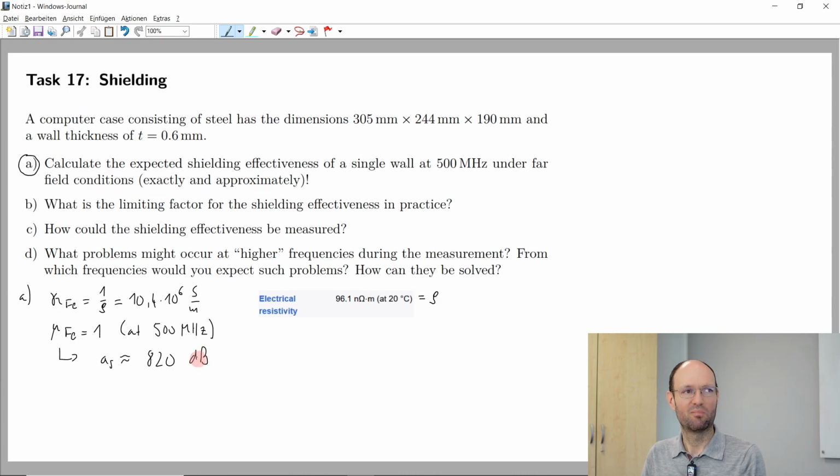So how would you discuss this? If someone has made a shield and tells you, my shield has a shielding efficiency of 800 dB. It's very impressive, it's super high. And of course it's the case for this case if we would have a perfect metallic wall all around, and if we would weld it together, let's say.